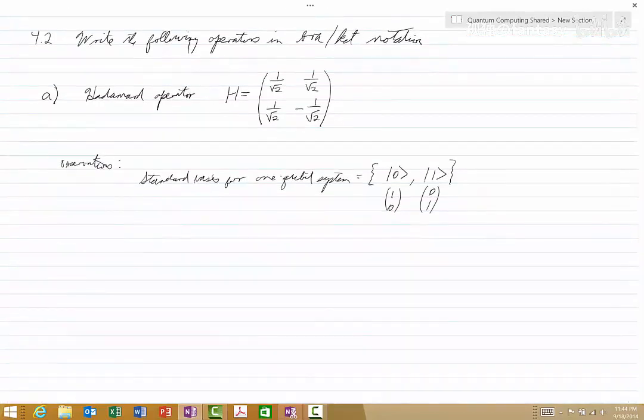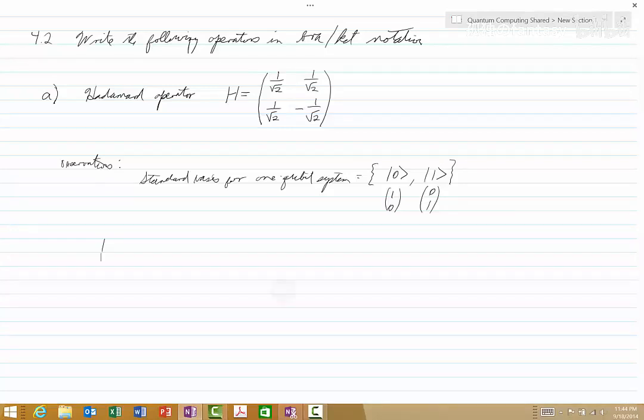Now, if we think about this for a moment, the operators that are possible in this case, you might think of it as having a basis for the operators, and that basis will contain 4 basic operators, and any operator can be written as a linear combination of those 4 operators.